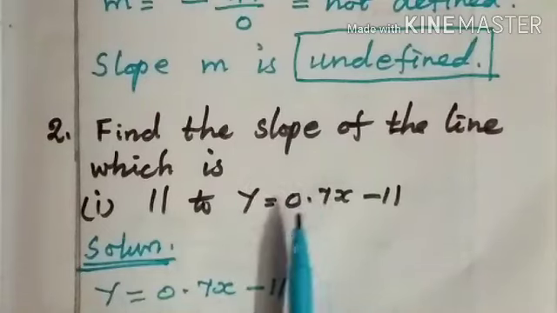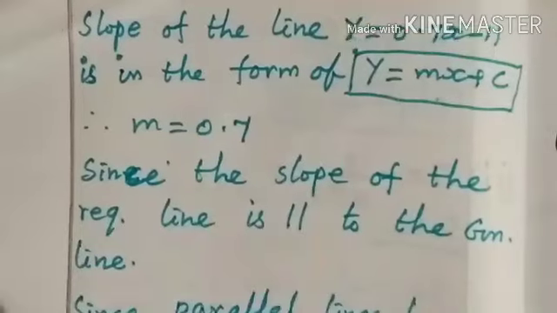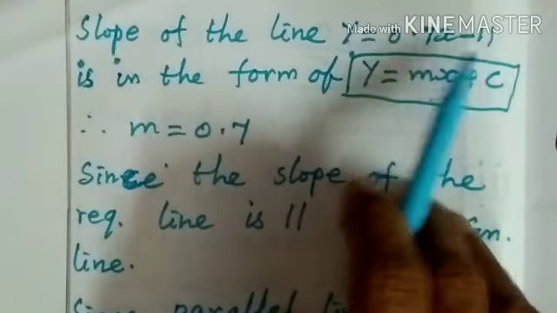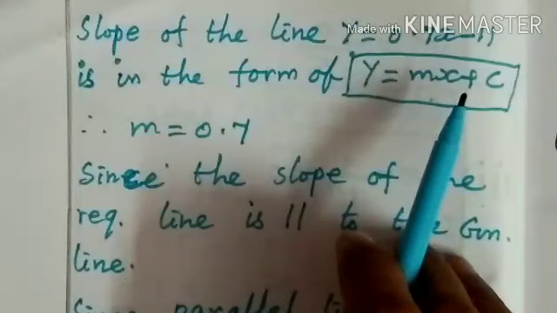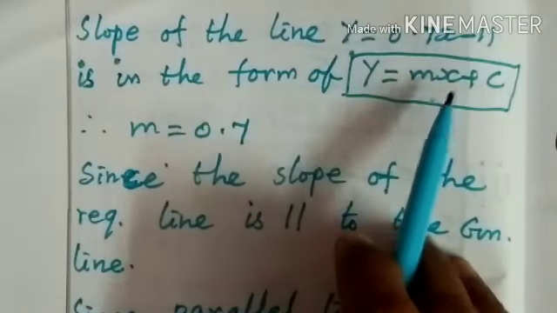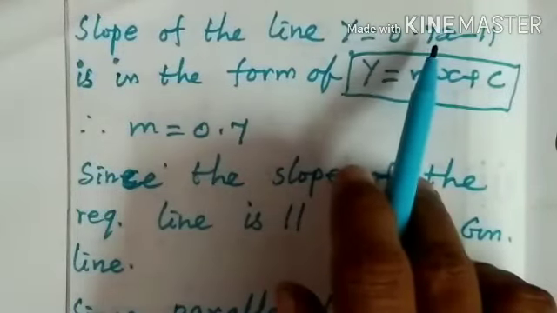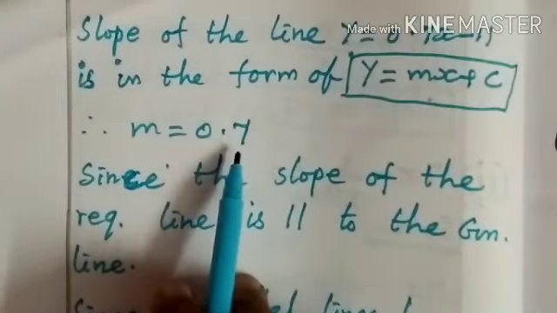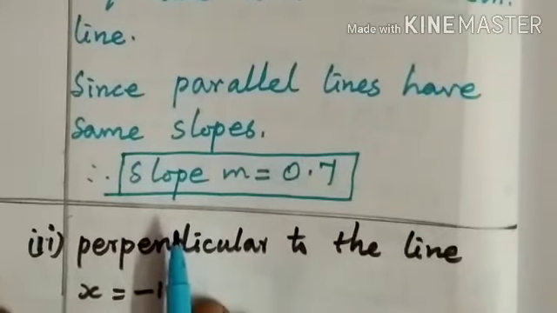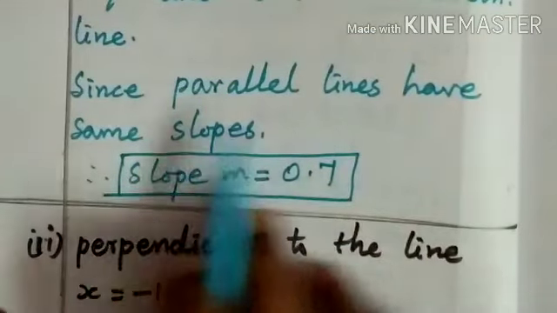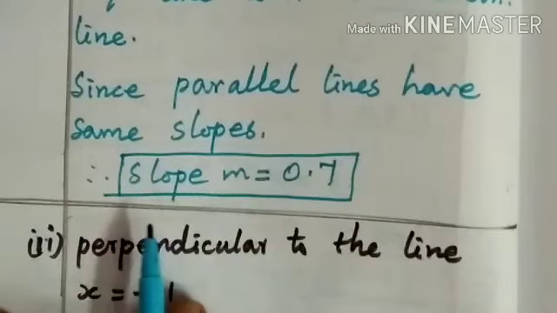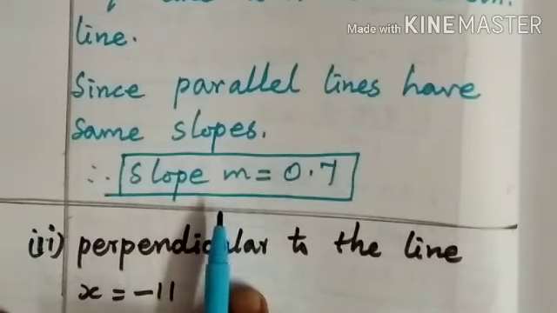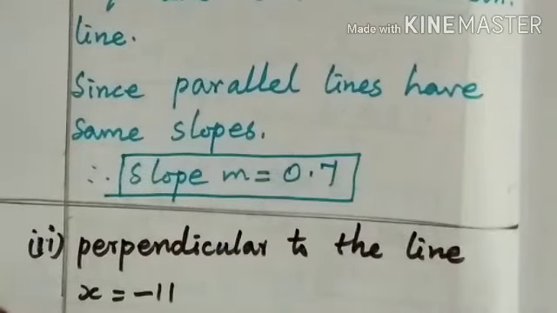Here the x coefficient is the slope. Therefore, slope m is equal to 0.7. The condition is that parallel lines have the same slope. Therefore, the slope of the required straight line is also m is equal to 0.7.